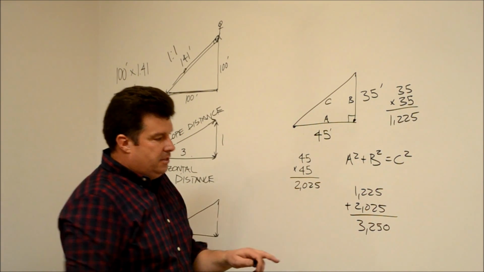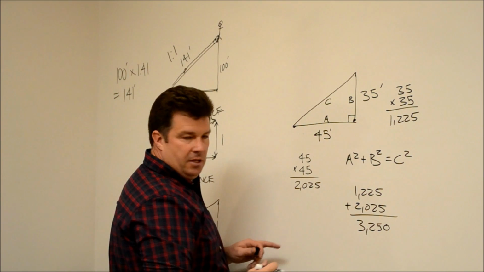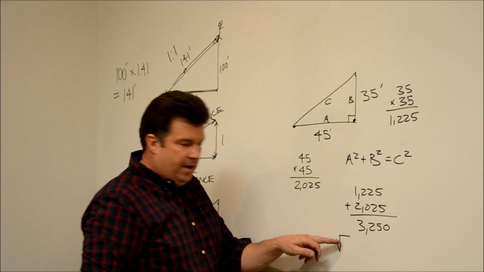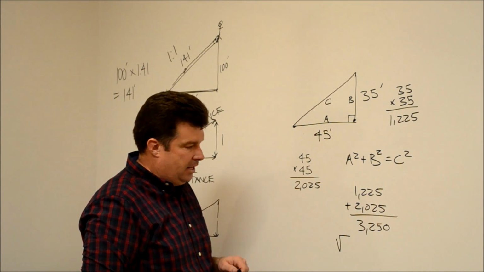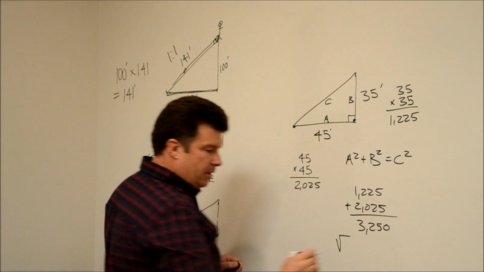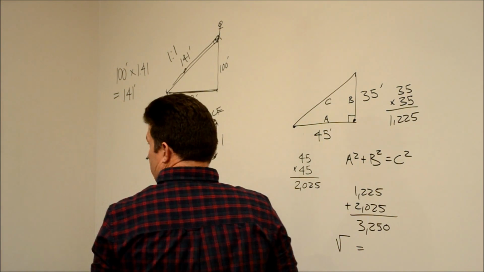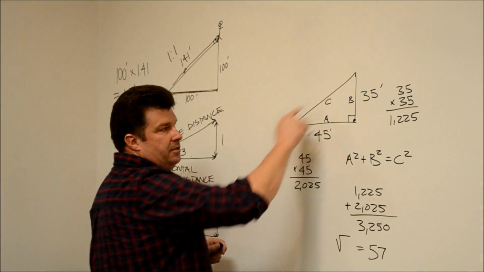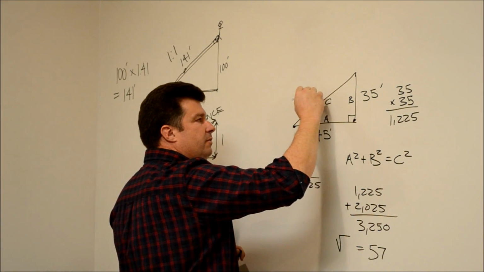So then, to get c, which is the length that we're going for, we simply have to take the square root. So find that symbol on your calculator, put in 3,250, hit the square root number, and you're going to come up with the result of 57. So that slope distance is 57.